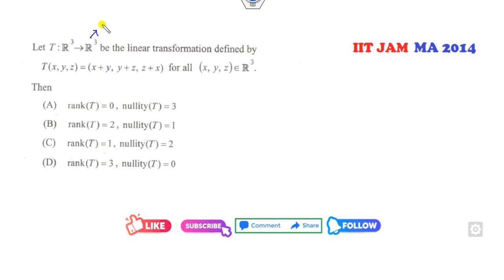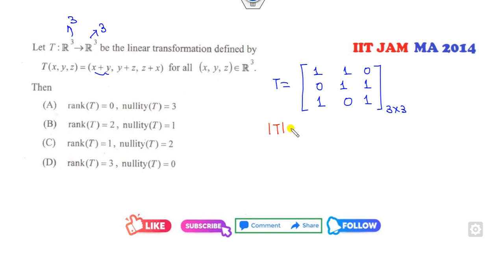Now again, what is the dimension of this? 3. So your matrix will be 3 cross 3. Write the first element X, Y, Z, then Y, Z, then X, Z. So this is my matrix. Now you have to check the rank and nullity. Find the determinant.